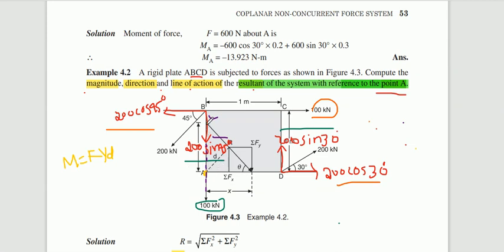And the 100 kilonewton force also has its line of action passing through point A. Therefore the moment due to 100 kilonewton and the moment due to 200 sin 45 is 0. And remaining one force moment is 0. Which one is it?